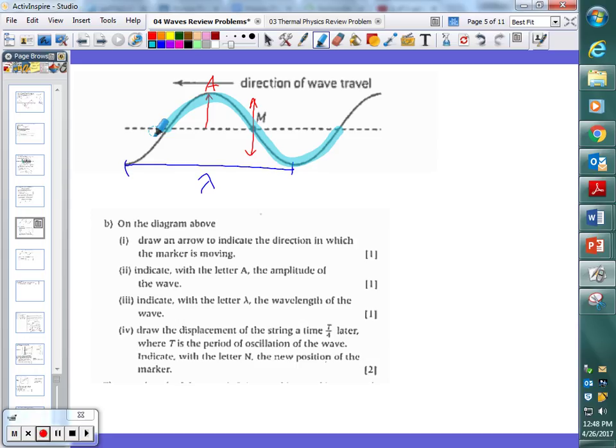Draw the displacement of the string time T over 4 later, where T is the period of oscillation of the wave. Indicate with letter N the new position of the marker. All right. So in this case here, for the last part, letter N indicates the new position of the marker.